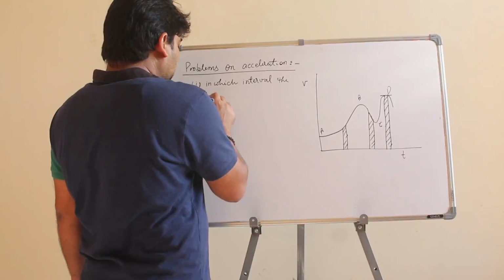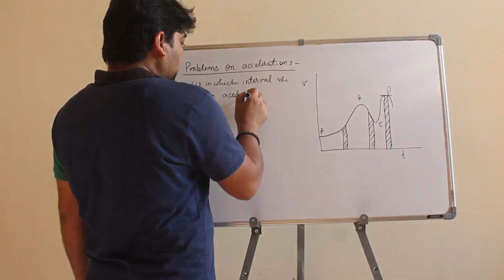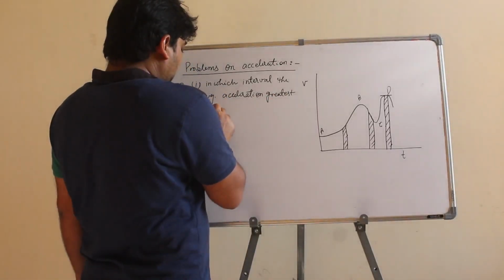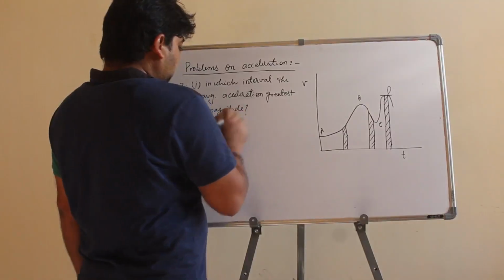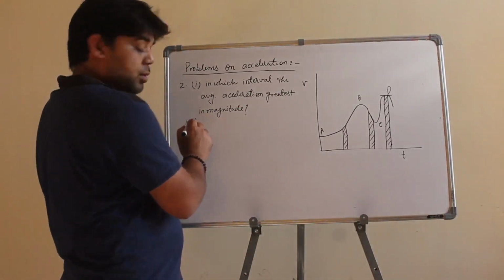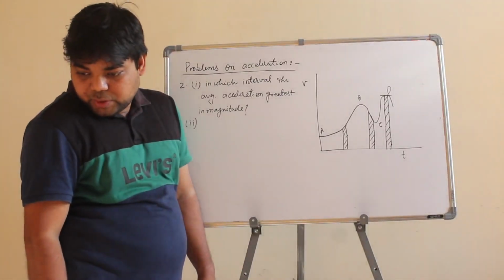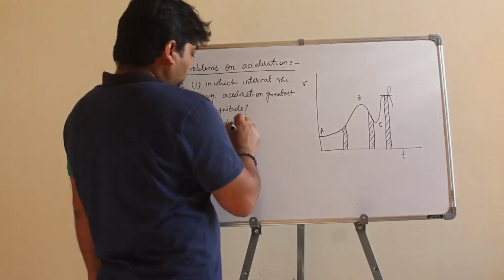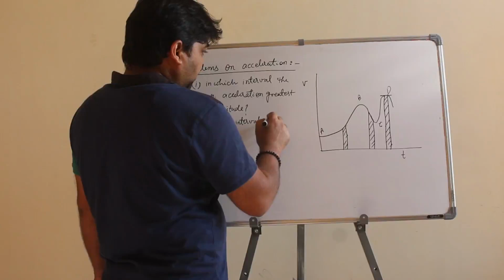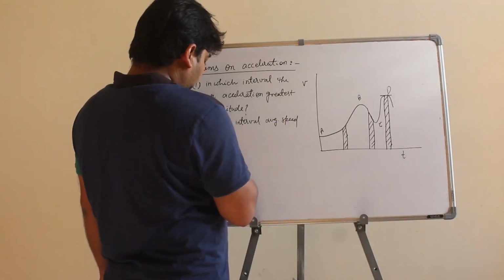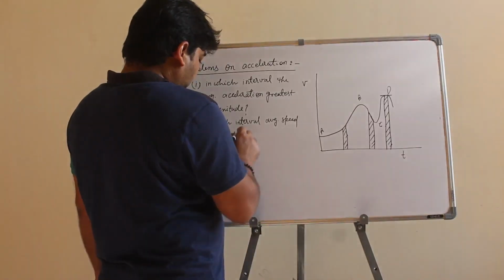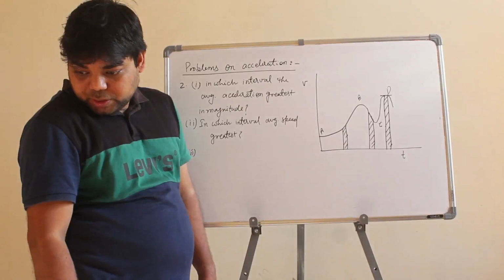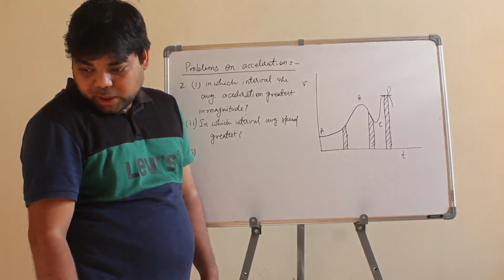This is the first question. The second question is, in which interval is the average speed greatest? The third question asked is, choosing the positive direction as the constant direction of motion, give the sign of V and A in the 3 intervals.